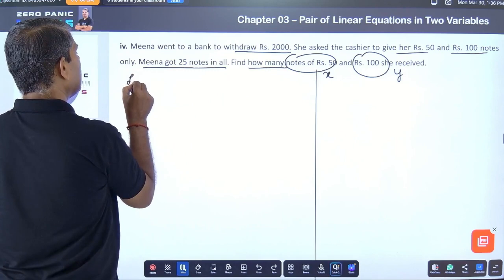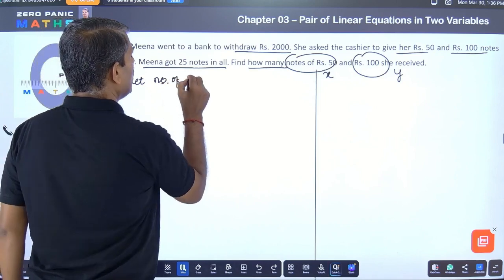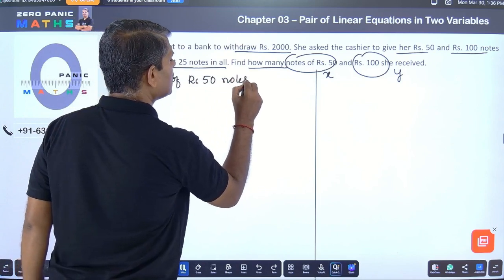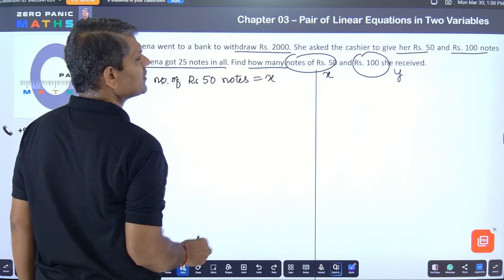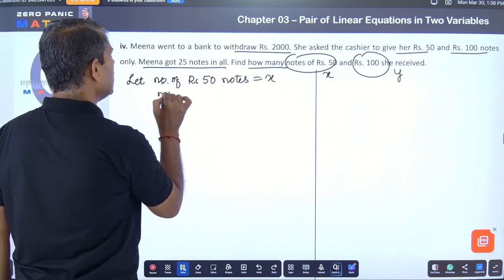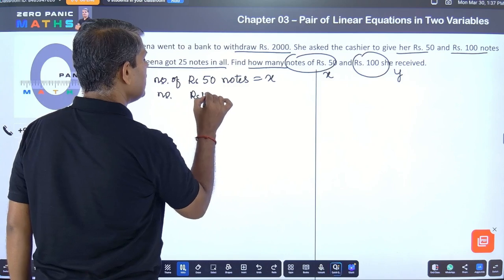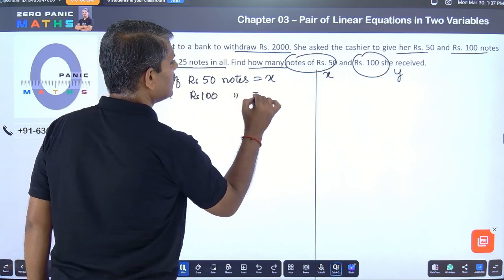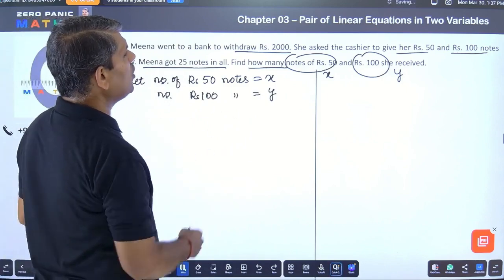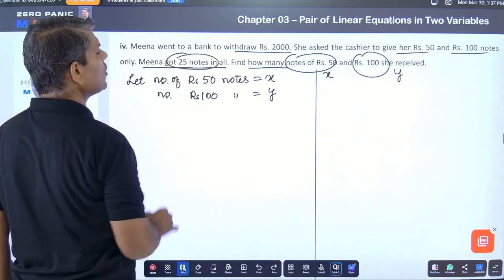Let the number of rupees 50 notes be x, because that is what is asked, and the number of rupees 100 notes be y. What they told is Meena got a total of 25 notes.